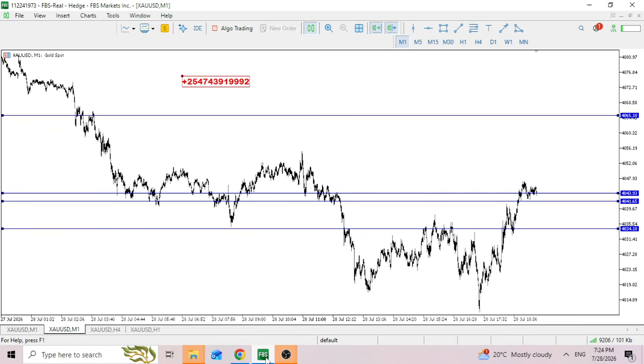Remember, the goal here is predicting highs and lows of the candles you are in. Like I told you, you are either in the 4-hour chart, or the daily time frame, or the 1-hour chart if you are a scalper.